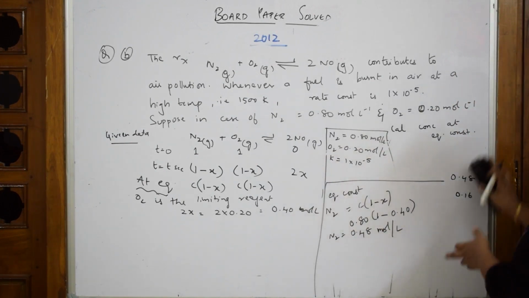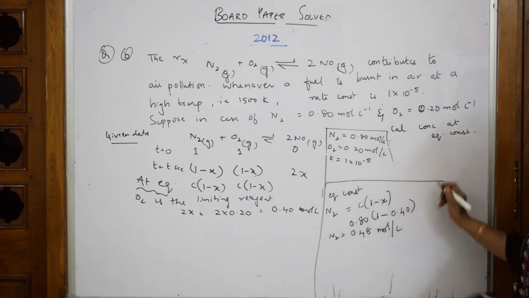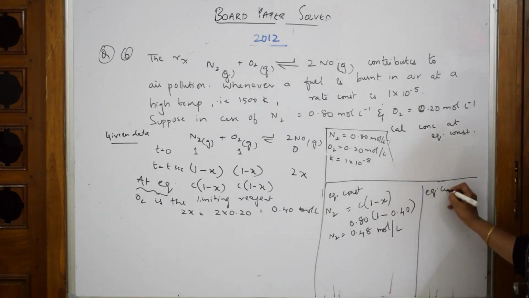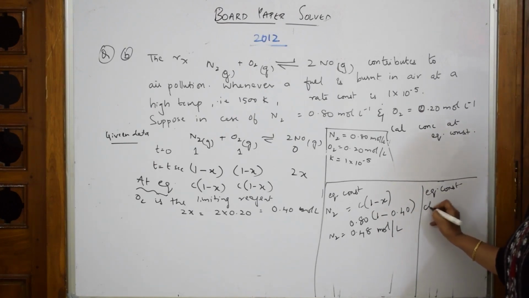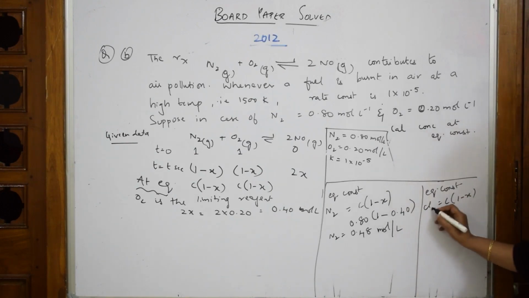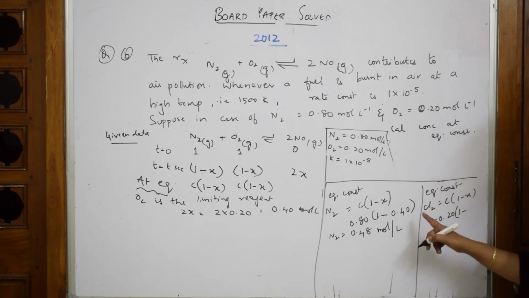Second, I have to find out for chlorine also, the equilibrium concentration. For this, I get C into 1 minus X. Now observe, what is C here for oxygen? It is 0.20. Now, careful: part of it is already gone, the limiting reagent has gone.